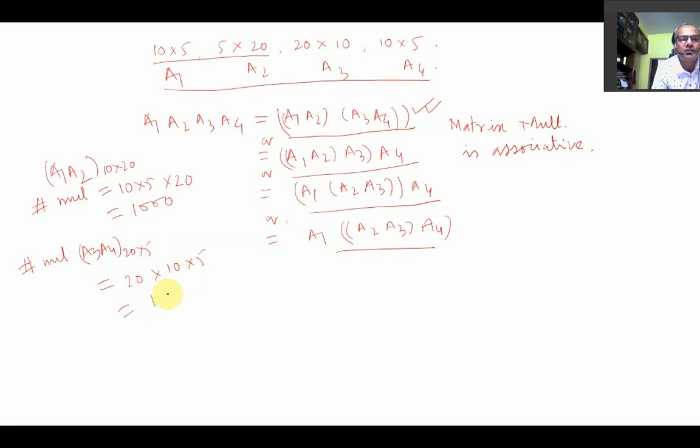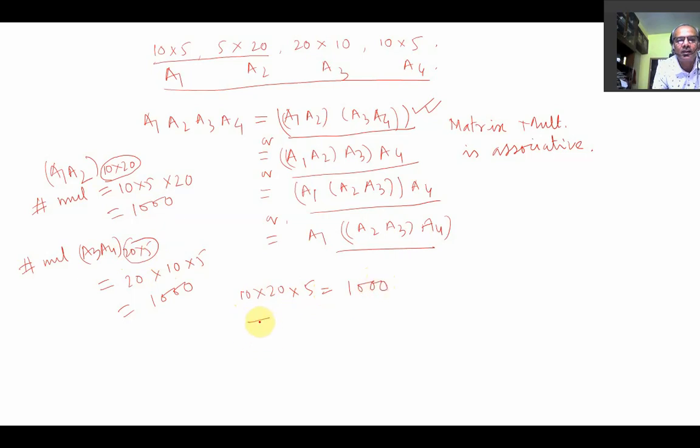That is again 1000. Now you have to do the multiplication of this one and this one. What is the number of multiplications? Here your result is 10 cross 20, and here it is 20 cross 5. So the number of multiplications will be 10 cross 20 into 5, that is basically again 1000, right?